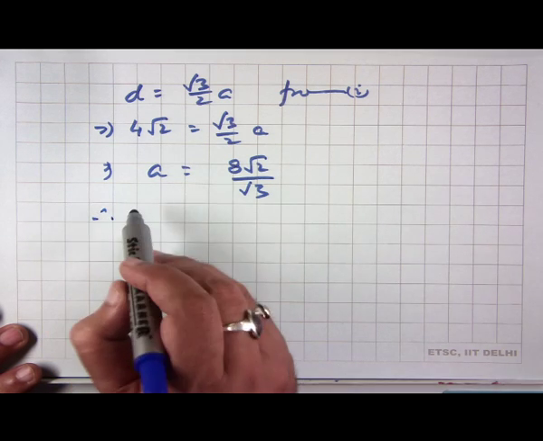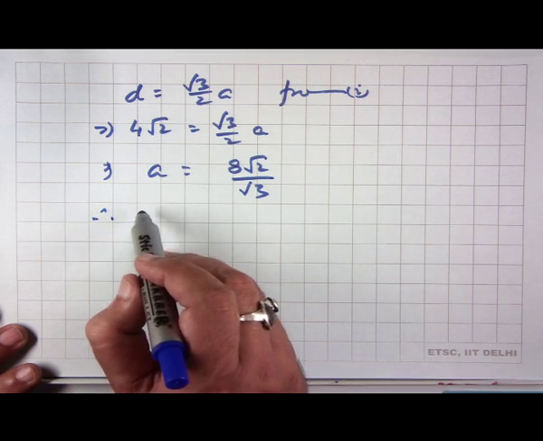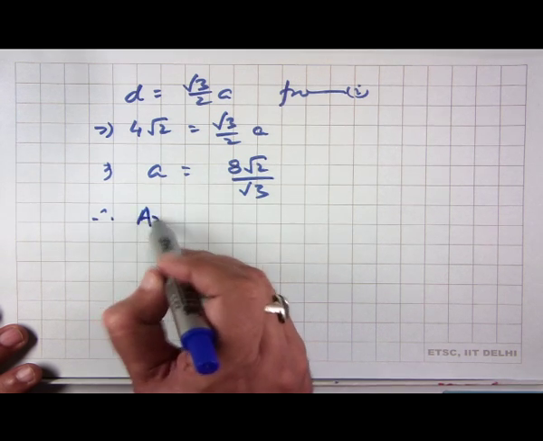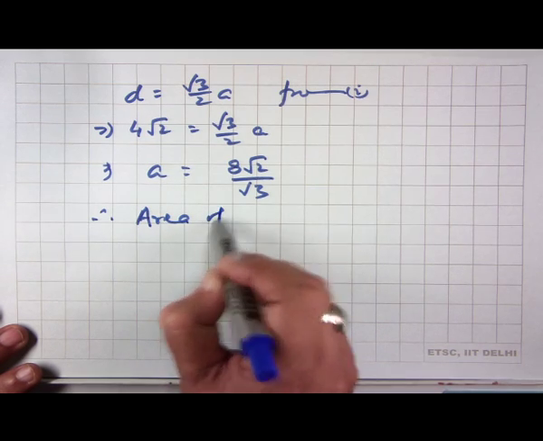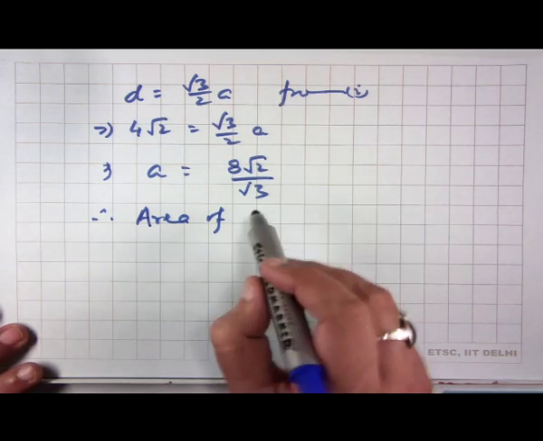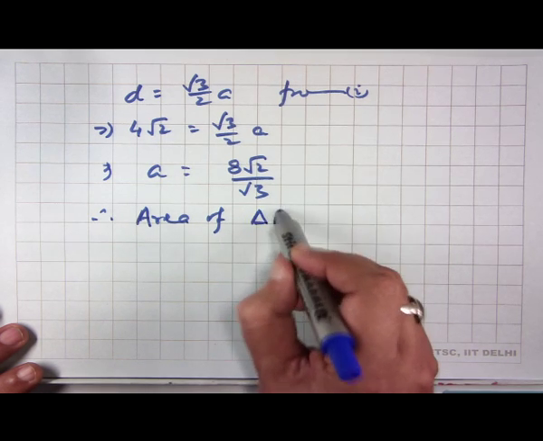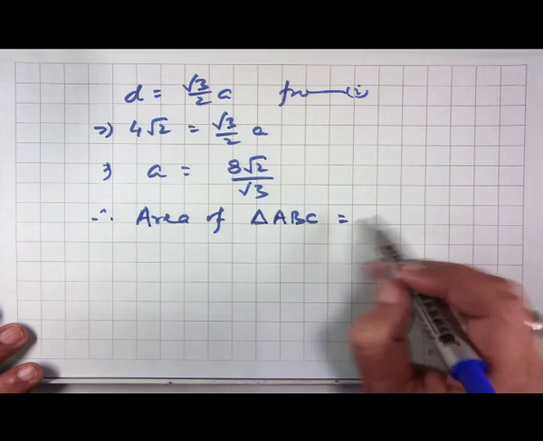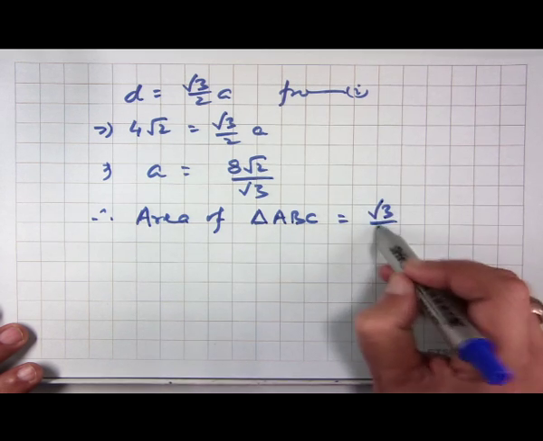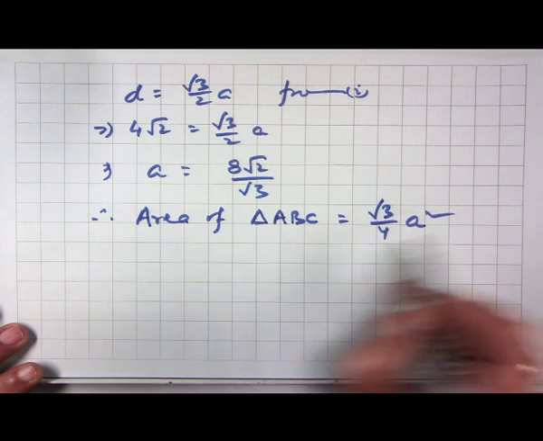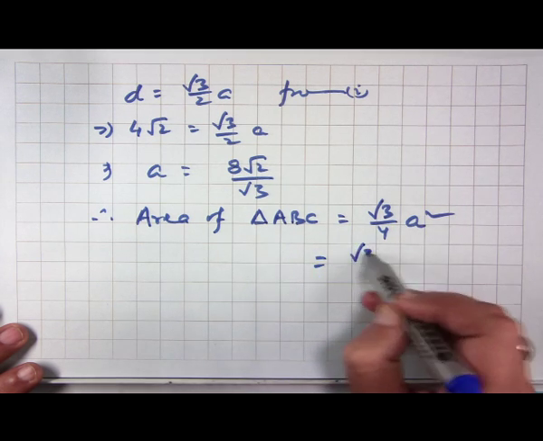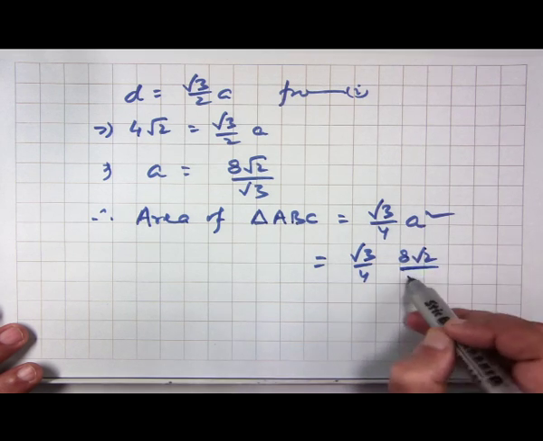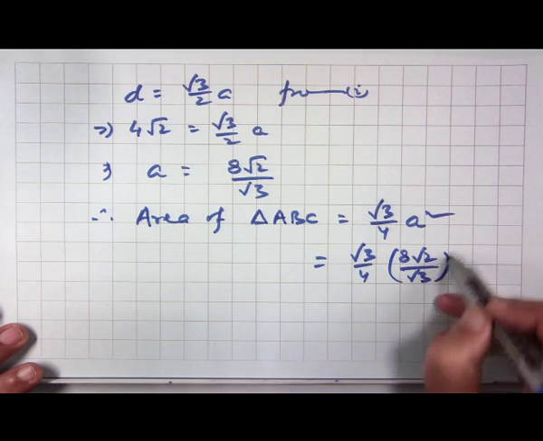So the area of triangle ABC, and ABC is an equilateral triangle, so root 3 by 4 A square, means root 3 by 4 times (8 root 2 by root 3) whole square.